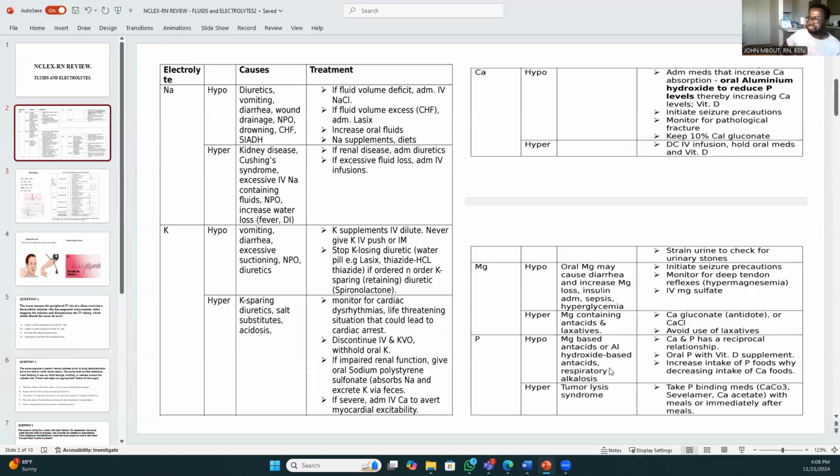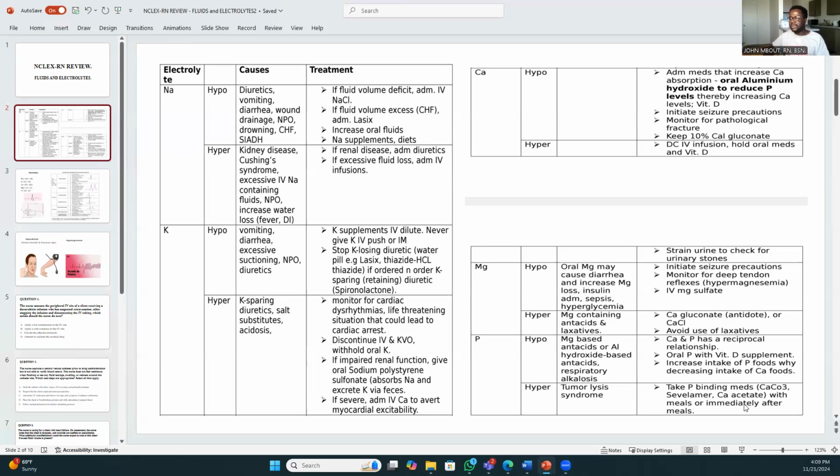There are some multiple choice questions in nursing school. They always ask you when to give a phosphate binder. When you have high phosphorus in your system, you have to take a phosphate binder, like calcium carbonate or calcium acetate.